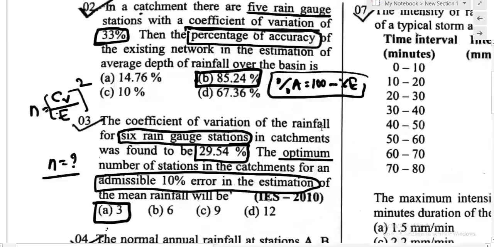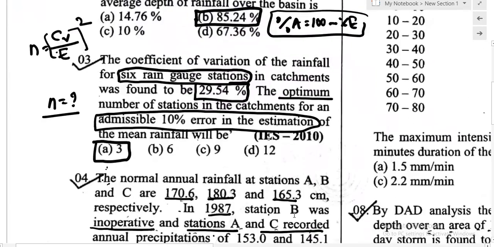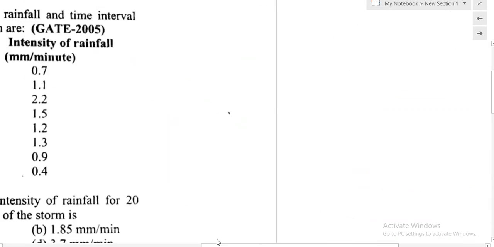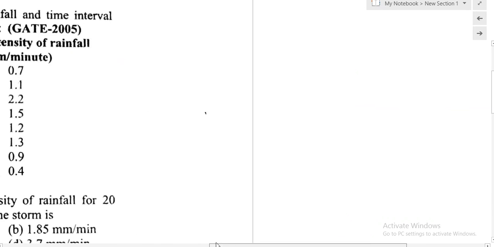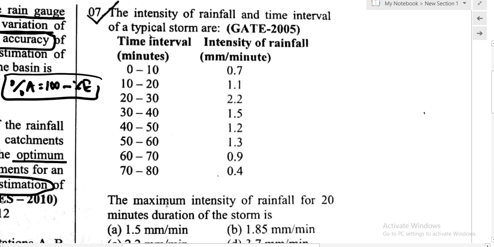Now you go to question number 7. The intensity of rainfall and time interval of a typical storm are given to you. From 0 to 10 the intensity is given as 0.7, then 10 to 20, so within each 10 minute interval the intensity of rainfall is given.